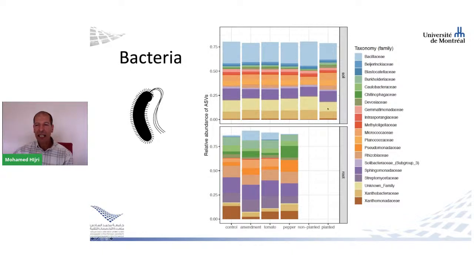We see that typically we have the same composition but with different frequencies or different abundance. So this cannot tell us if there is any significant difference or not. It's just really visual. We have done further statistical analysis to test the significance.